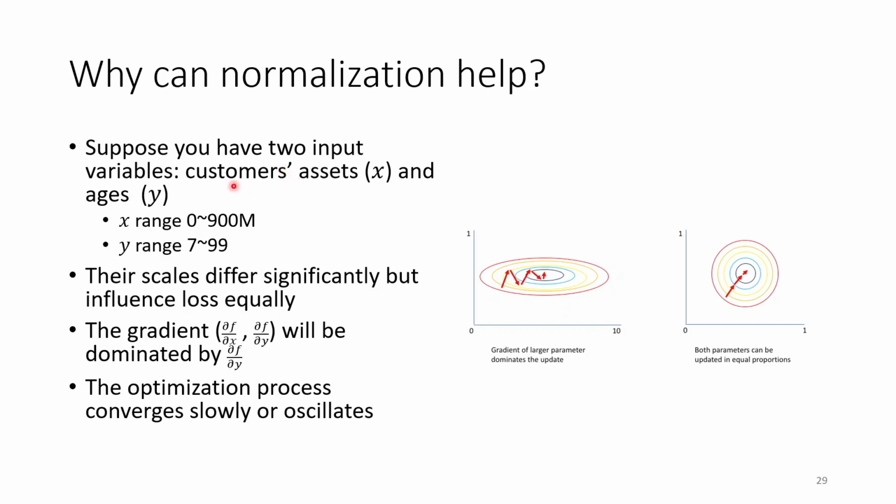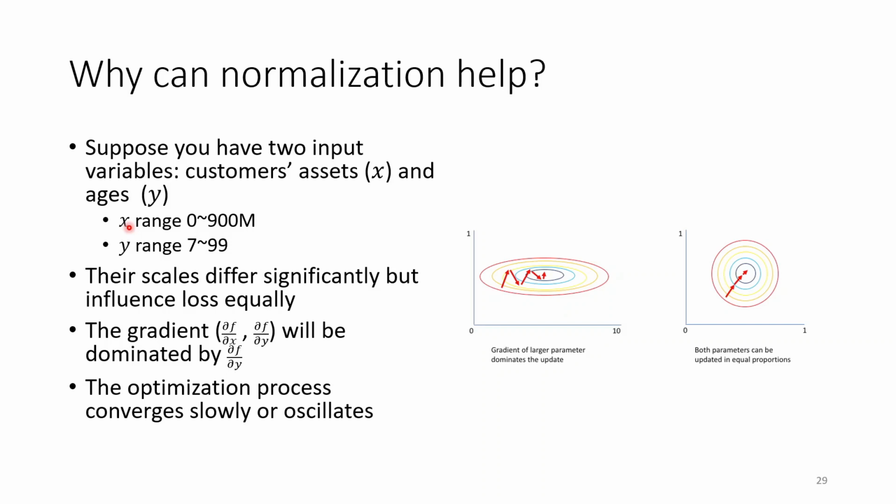Imagine the scales of the two input variables. Because the x variable is age, the normal range of an age is maybe 18 to 99. But the other input variable y is the assets.